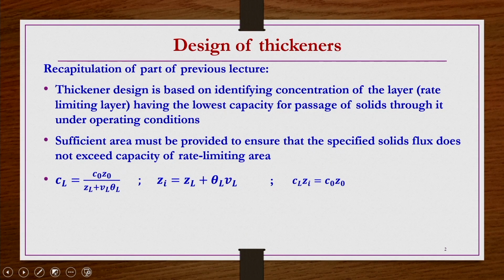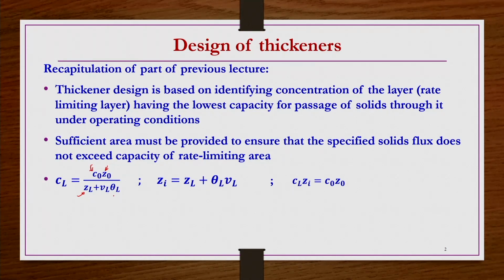Okay. And then we have done a material balance. Then we found that CL, the concentration of solids in that rate limiting layer, is nothing but C naught Z naught by ZL plus VL theta L. This C naught is the concentration of solids in the initial slurry, Z naught is the initial interface height, ZL is the height of that layer, that is, the interface height when this rate limiting layer has been identified.